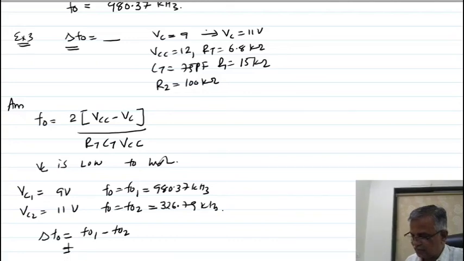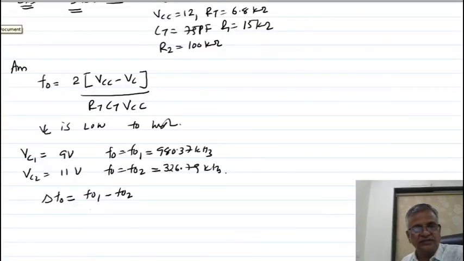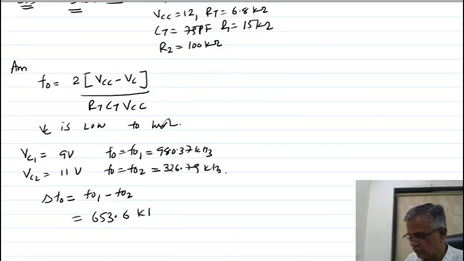As the modulating voltage is changing from 9 volt to 11 volt, the change in the frequency of oscillation, delta FO, is nothing but FO1 minus FO2, and it will be approximately 653.6 kilohertz. So these numericals show that as the modulating voltage is changed, frequency of oscillation changes.